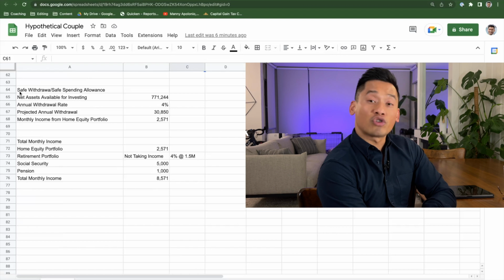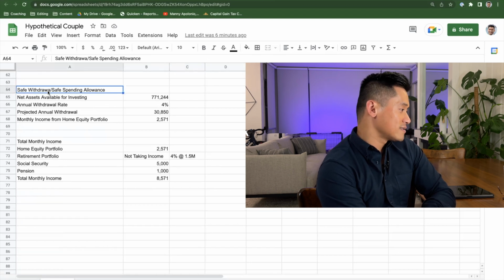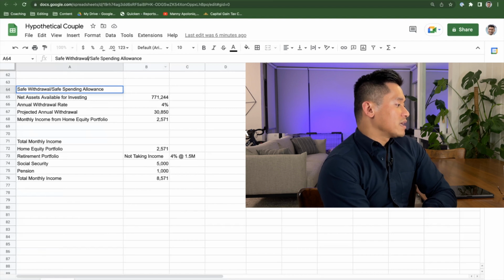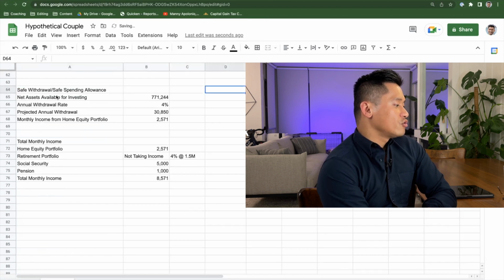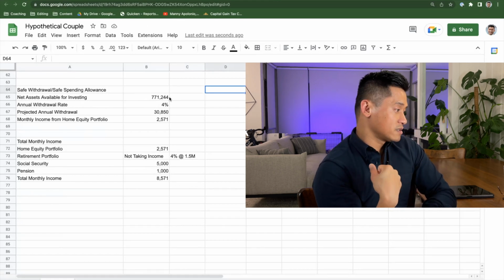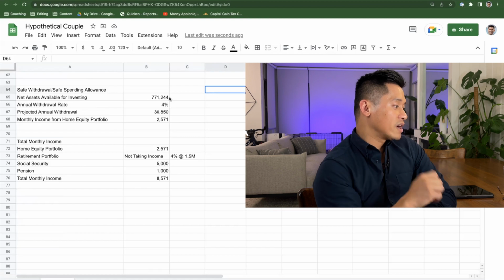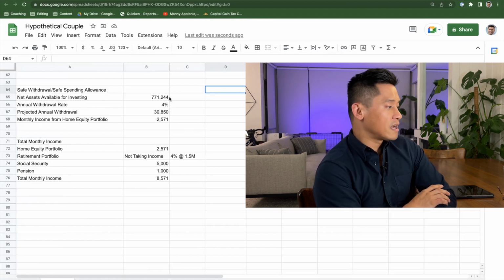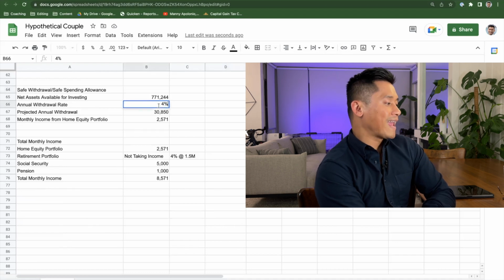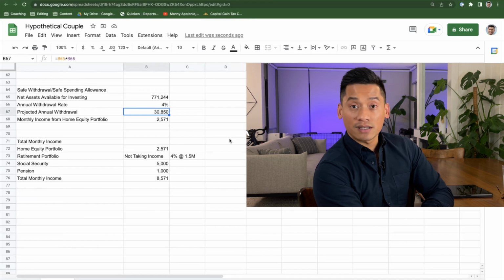The safe withdrawal, let me correct this, safe spending allowance. So you take that remaining amount after they've paid everybody and bought a new house in Palm Springs. They now have $771,000 left. If you multiply that by 4%, you're going to get an annual budget for spending, $30,000 a year.